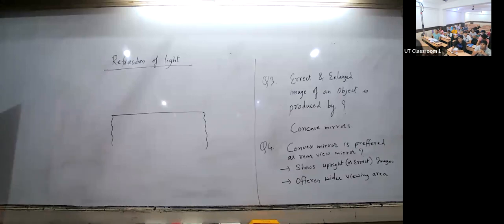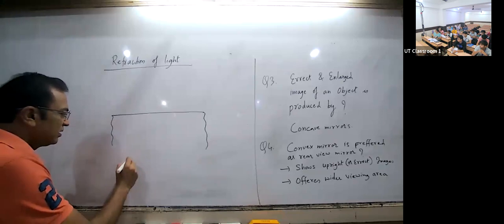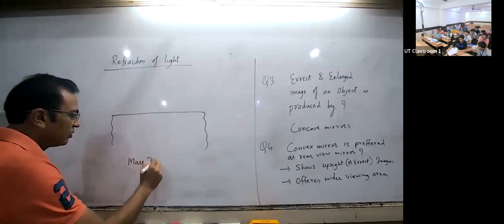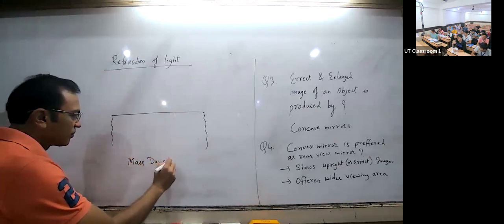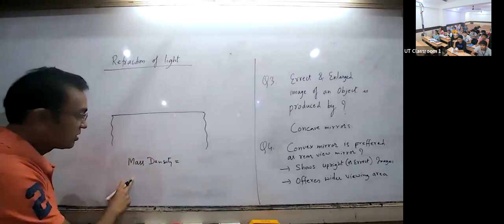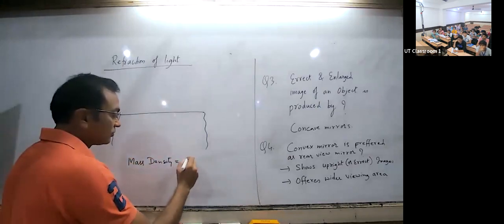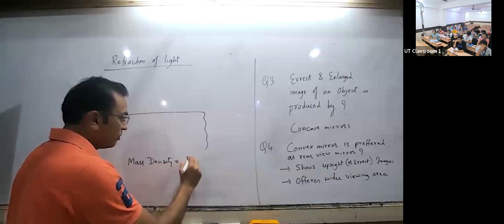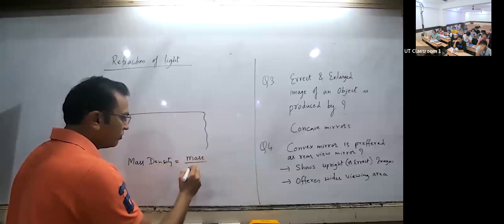See, generally, what is mass density? When we just say density of any object, we refer to its mass density. Density is always the mass of the substance upon volume.